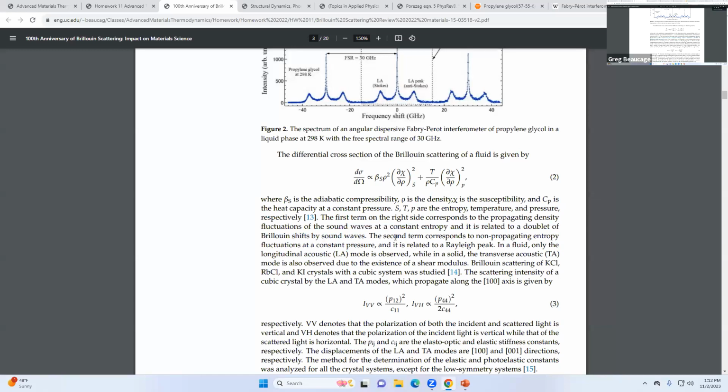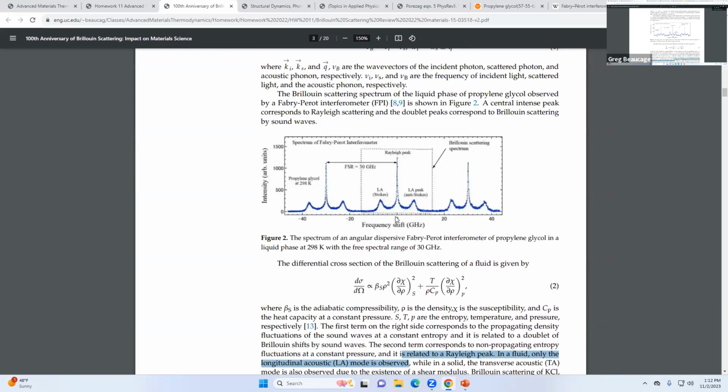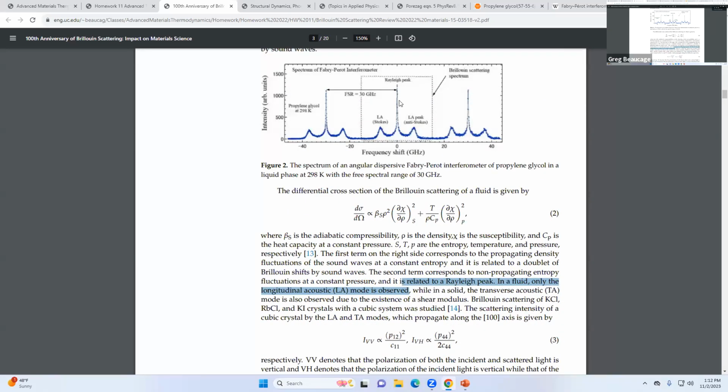That helps. Second term corresponds to non-propagating entropy fluctuations at constant pressure related to the Rayleigh peak. So the Rayleigh peak is this central spike, the coherent, the elastic signal.